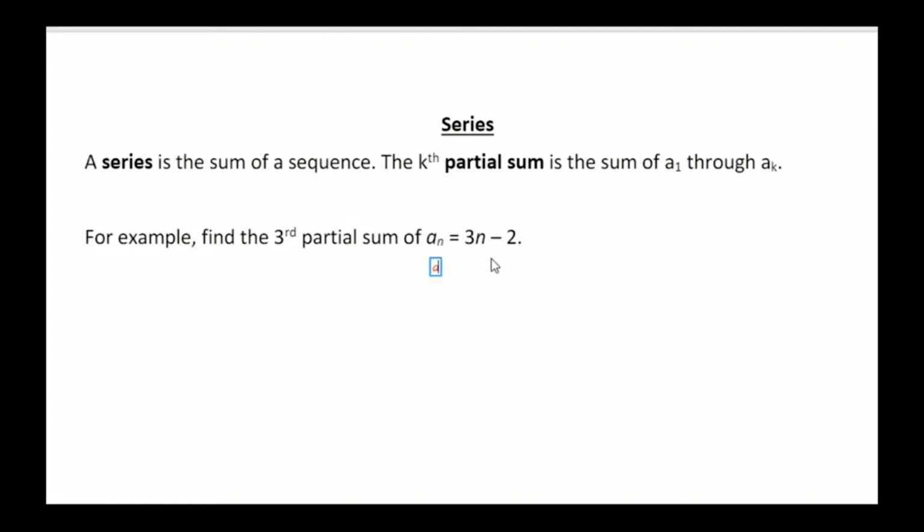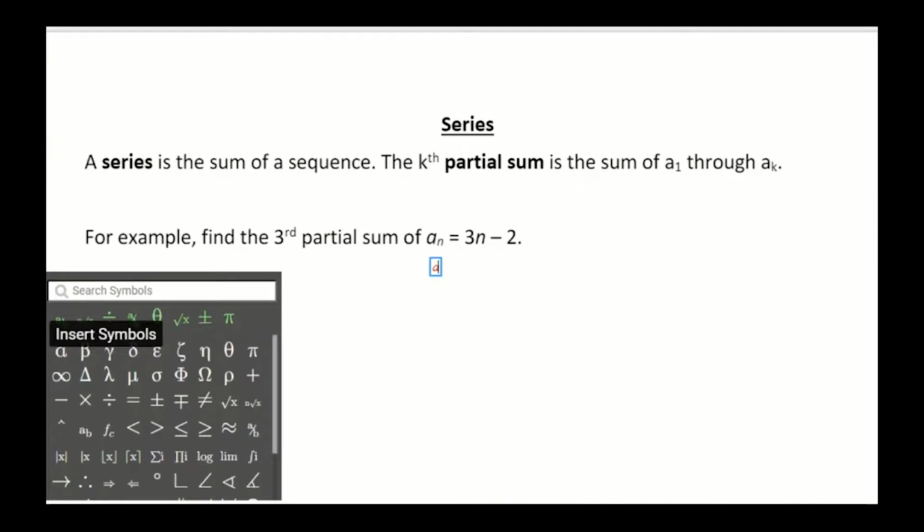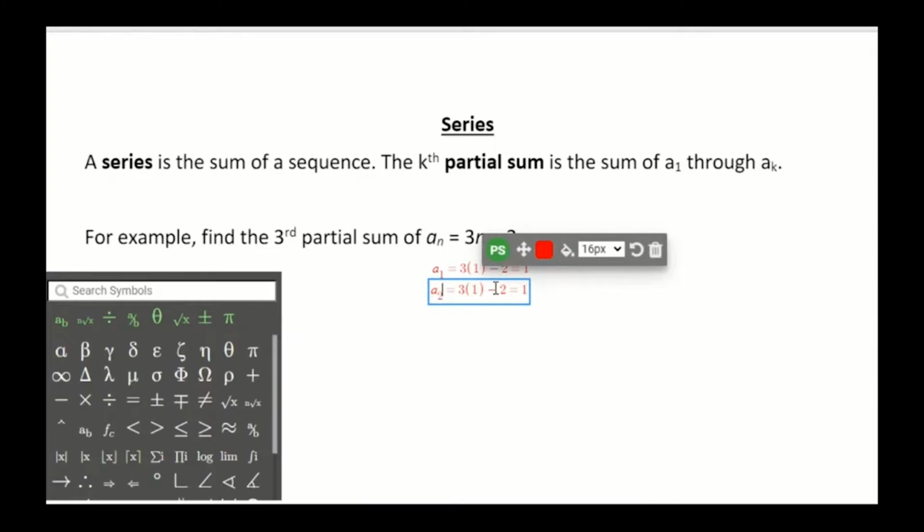So a sub 1 would be, if I plug in 1, 3 times 1 minus 2, that would give me 3 minus 2, which is 1. A sub 2 would be 3 times 2 minus 2, so that'd be 6 minus 2, which is 4.